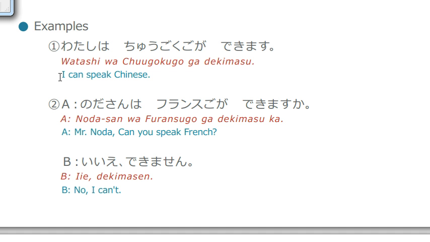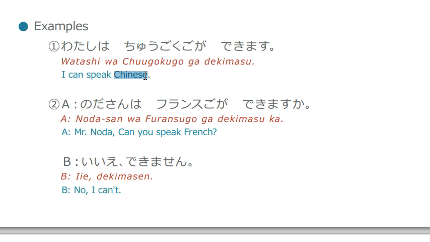So in this sentence here, the speaker, she can speak Chinese. So instead of Nihongo from the previous sentence, we've replaced Nihongo with Chugokugo, which is the word for Chinese. Note Nihongo and Chugokugo both end in go.